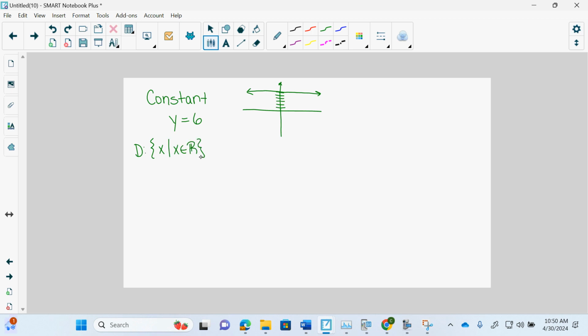But what's its y? What's the only y's on this graph? Y equals 6. Right? It's the only thing that's on this one. There are no other y's. Everyone is 6. So everyone forgets that that's a polynomial. Right? The other one we did was linear.